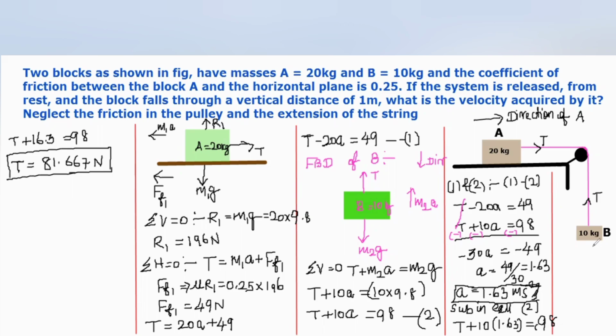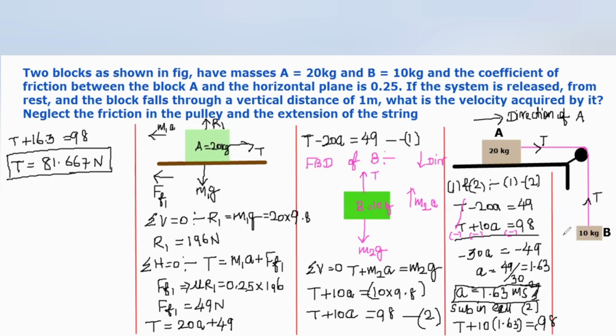That means due to gravity 9.81, but here it only moves downward with comparatively less than the acceleration due to gravity, that is 1.63 meter second power minus 2. Only with this much acceleration, the body B of 10 kg will move downward. But if I cut here, it will move with the acceleration due to gravity.